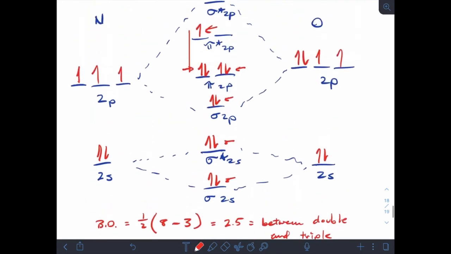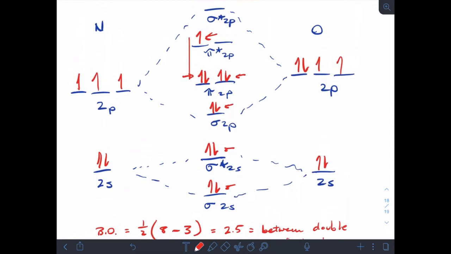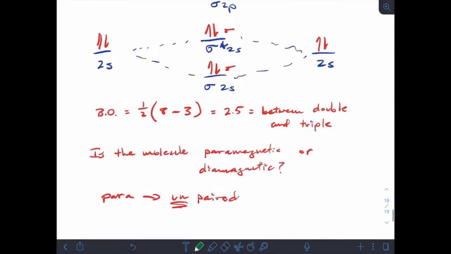So let's look in our MO diagram, and sure enough, I have an unpaired electron right there. Right? Everywhere else in this diagram, the electrons are paired up, right? So is it paramagnetic? The answer is yes. Right? So NO is weakly susceptible to magnetic fields.